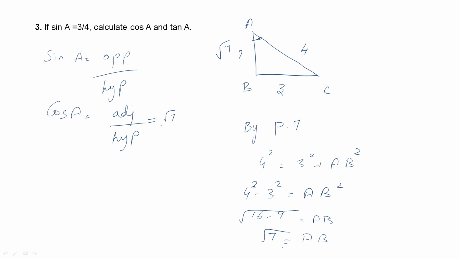So that is root 7 by 3. And then tan A. Tan A is opposite by adjacent. So equal to 3 by root 7. Okay. Done? Yes. Next question.